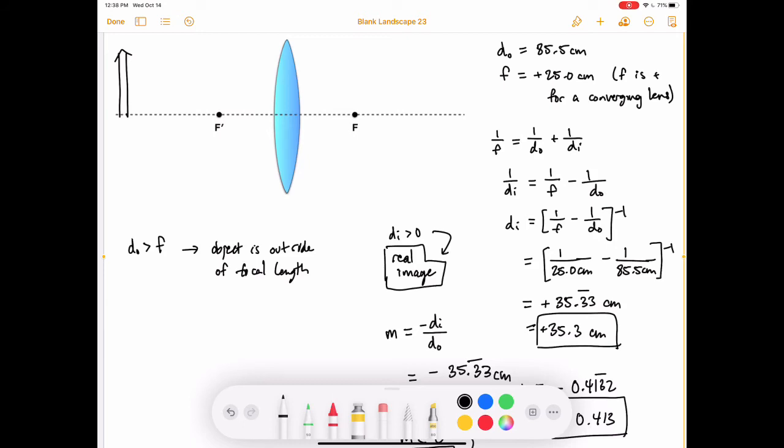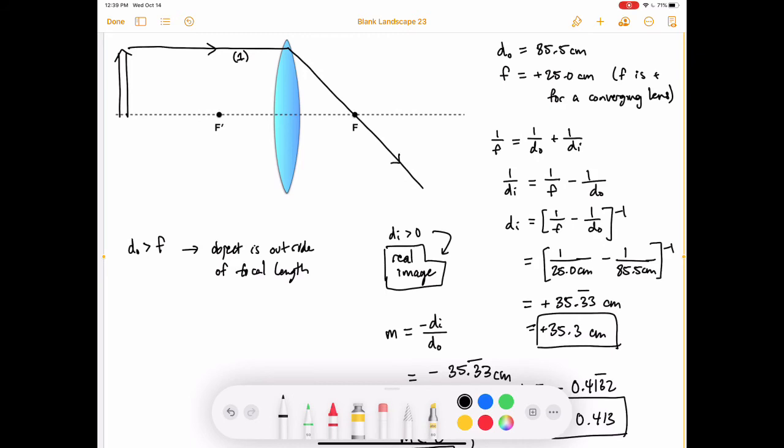And let's start by drawing the first principal ray. Remember, the first principal ray goes parallel to the optical axis, and then it hits the lens. After going through the lens, goes out through the focus. So here is our first principal ray.